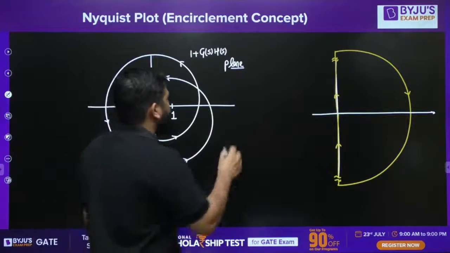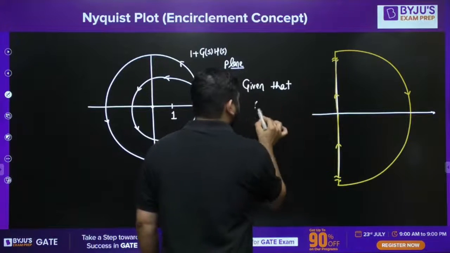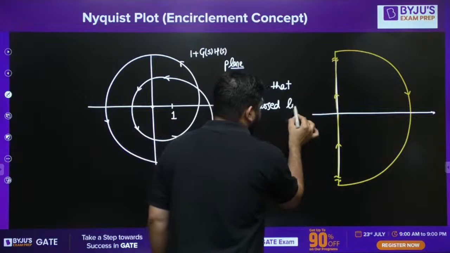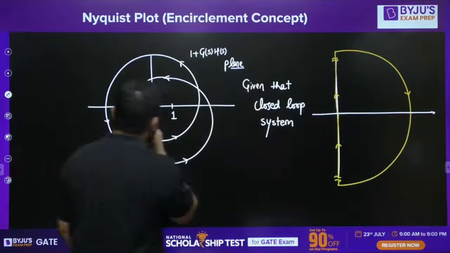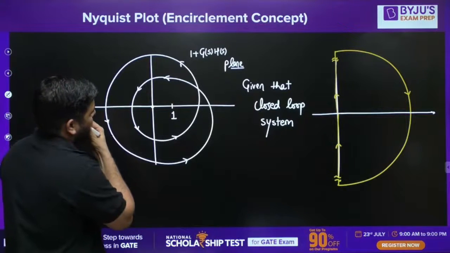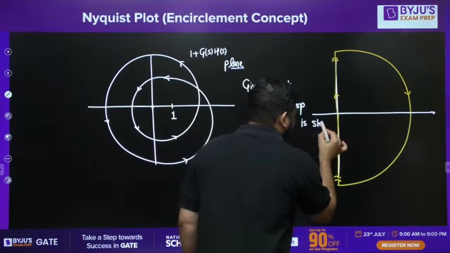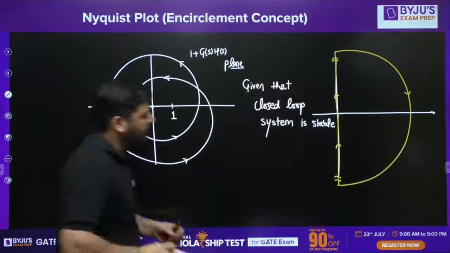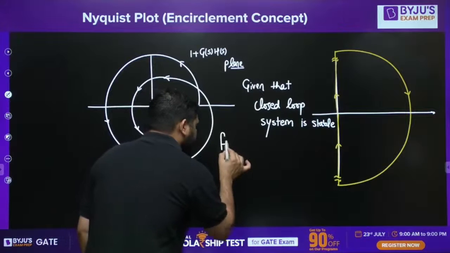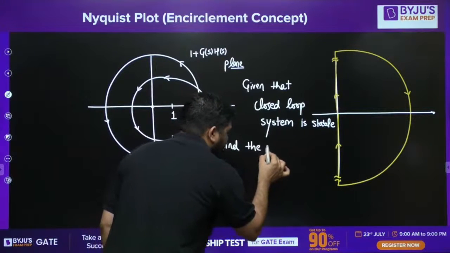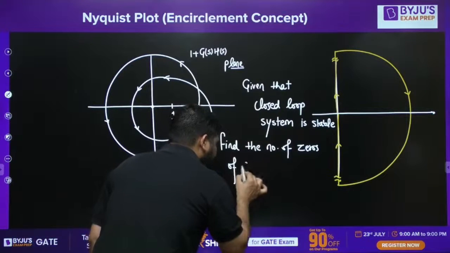Given that the closed loop system is stable, find the number of zeros of G(s)H(s).